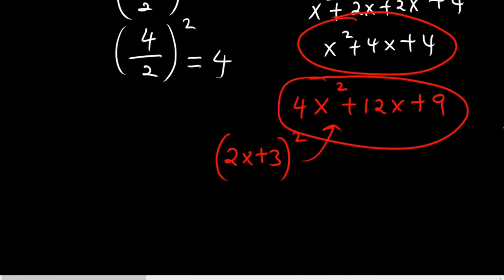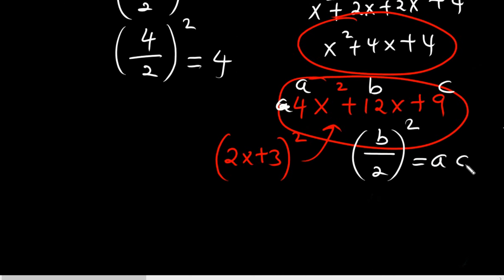Let's look at this other one here. So we have a, 4 is a, and then 12 is b, and then 9 is c. So b divided by 2, and then we square it, we are supposed to get a times c.